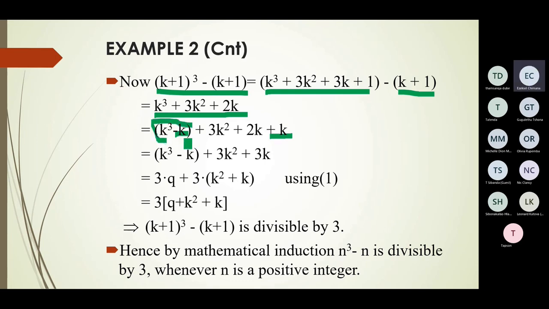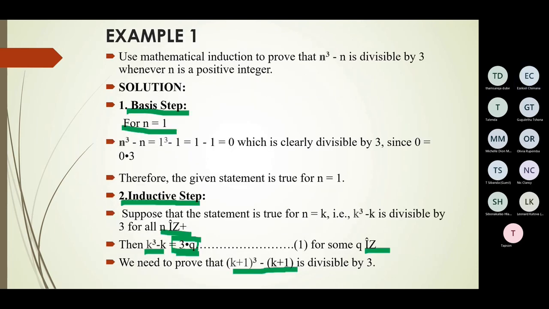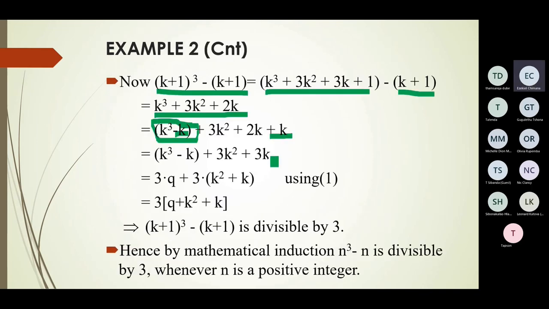Why do we want this k cubed minus k? Because when you put our p of k here, we have actually assumed that k to the power 3 minus k is always divisible by 3. So we now know that this one is always divisible by 3.